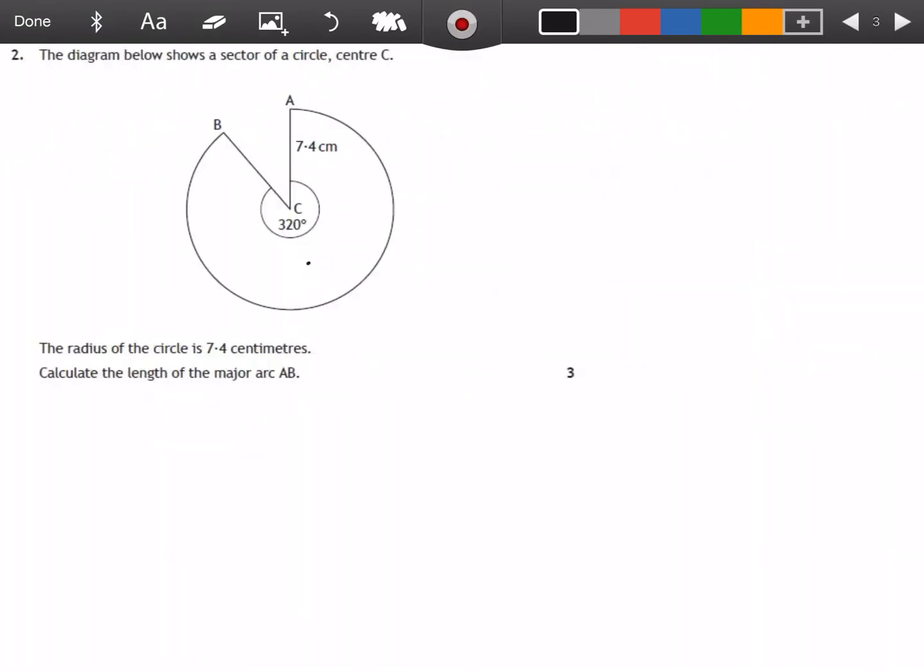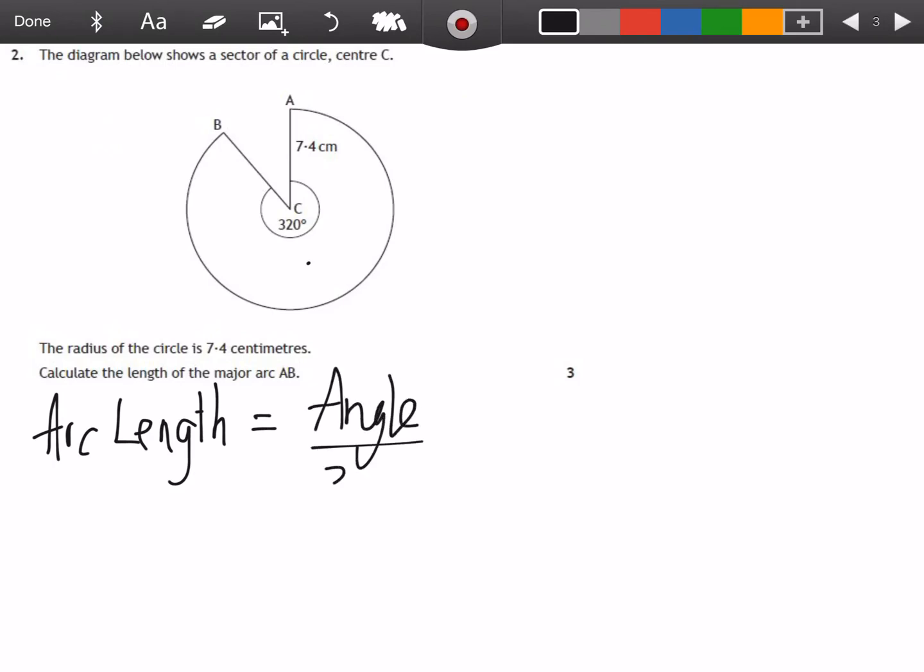Right, number 2. Here's the sector of a circle. The radius is 7.4. Calculate the length of the arc. So it's an arc length question. This formula that I'm putting here, remember, for the arc length is not given on the exam paper. You should know this. So the arc length is the angle over 360 times by.